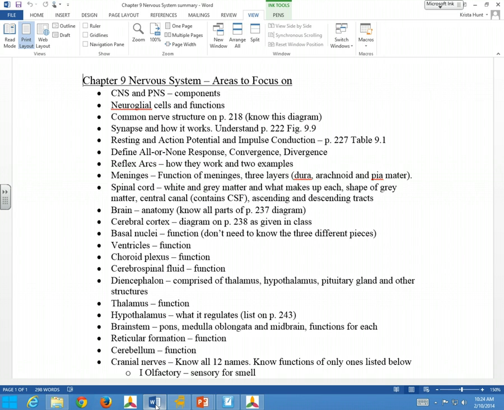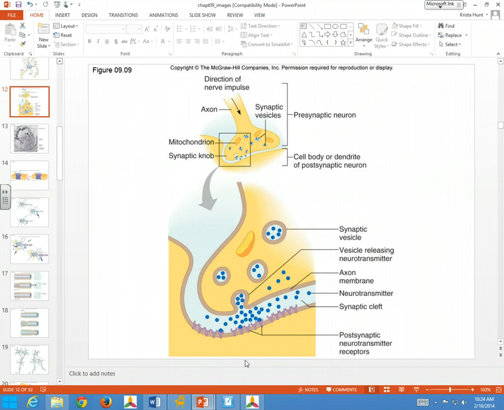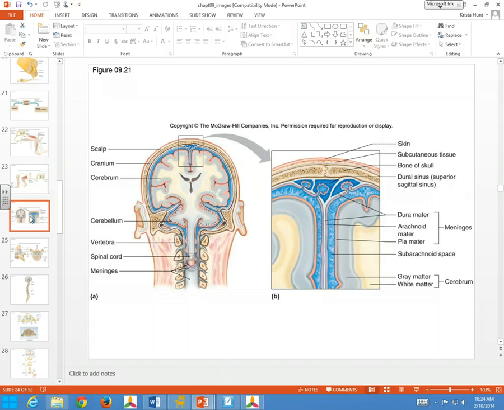Just know them. I would be comfortable knowing which is superficial and which is deep. So let's look there. Here's my 3 layers right here.